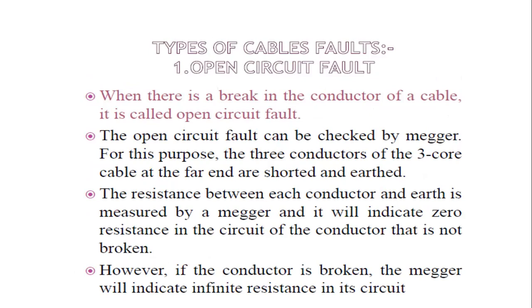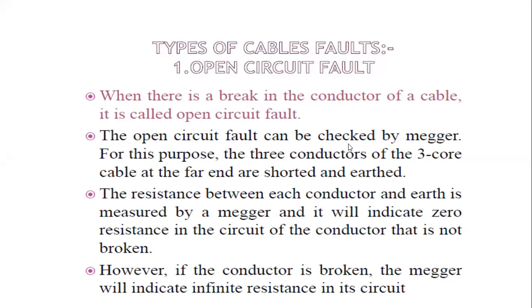How are open circuit faults obtained in underground cables? When there is a break in a conductor of a cable, if any breakdown is obtained in the conductor of the cable, then the open circuit faults are obtained.